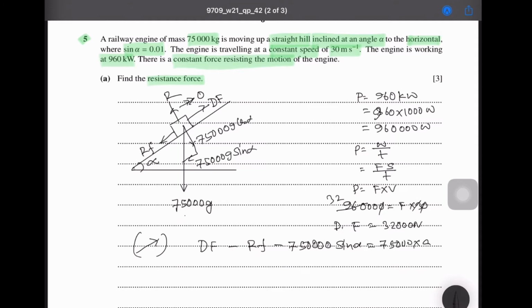Here acceleration is 0. Driving force is 32,000 minus resistive force minus 75,000 into g into sin alpha, which is 0.01, equals 0.